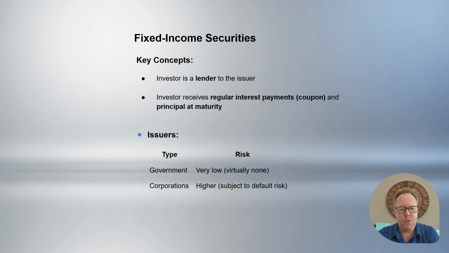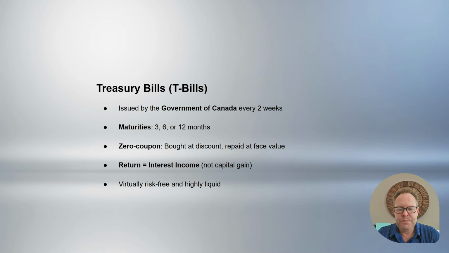Typically, that's how we look at the risk associated to a specific mutual fund, is how much fixed income makes up the portfolio versus how much equity or stock makes up the portfolio of a mutual fund.